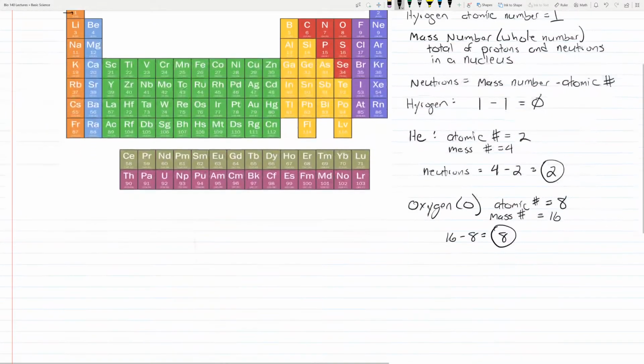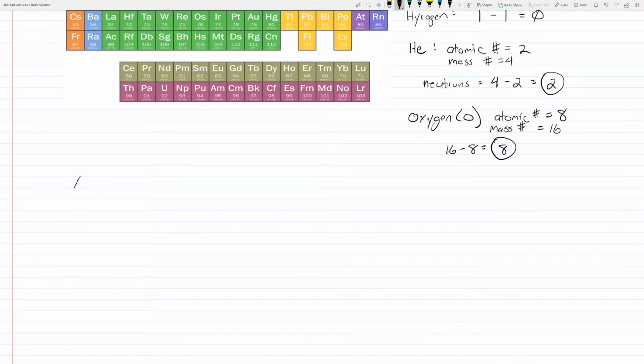Atomic mass is the actual weight of an element, and usually it's a decimal, a fraction of a whole.